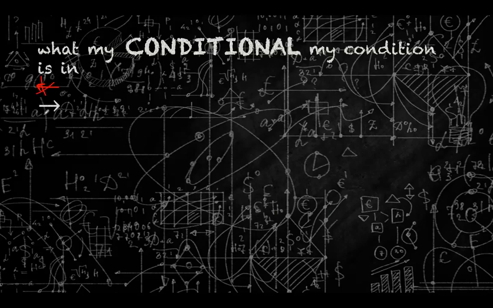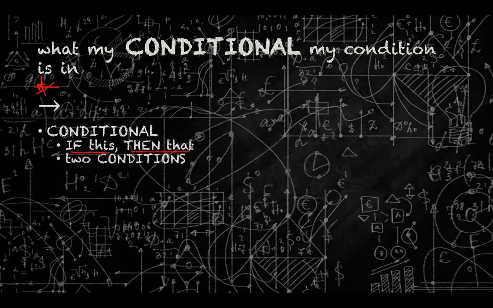And conditional says, if this condition is true, then that thing. Conditional starts to get a little bit more advanced, a little bit more complex. There are two parts: the if part and the then part. And we have names for each of those parts because they're two conditions.